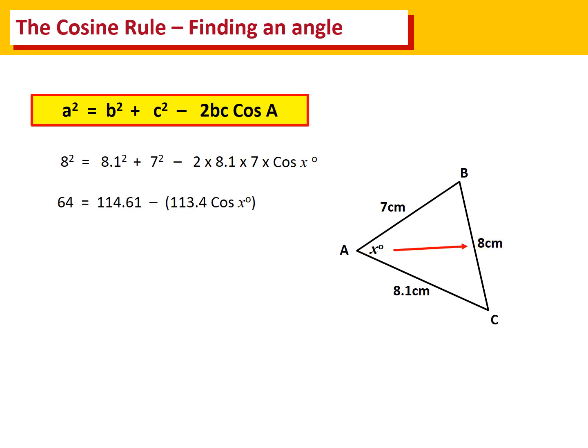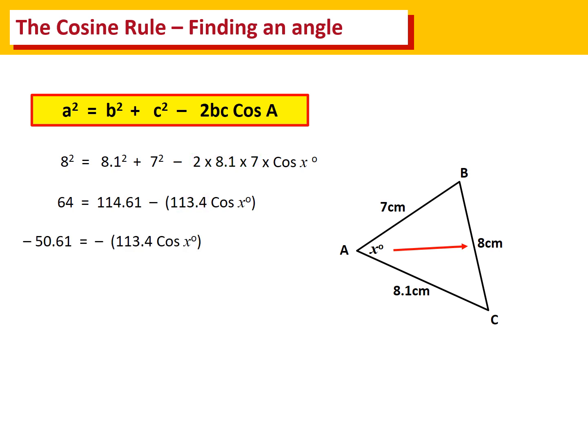So we start tapping some numbers into our calculator. On the left hand side, 8 squared is 64. Now 8.1 squared plus 7 squared equals 114.61. That's where that number's come from. And then in the bracket, 2 times 8.1 times 7 equals 113.4.